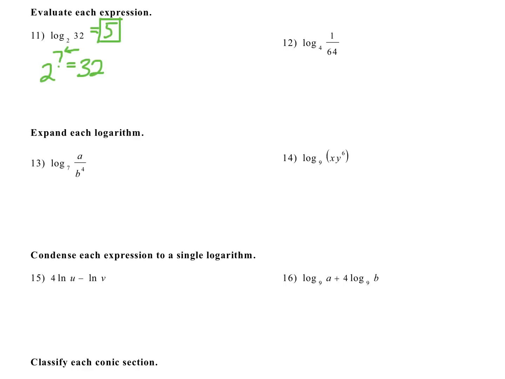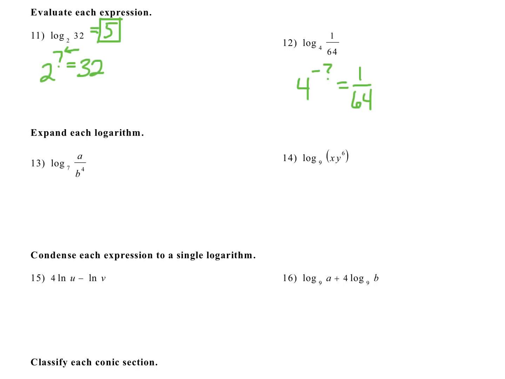Okay. Log base 4 of 1 over 64. Anytime we see a 1 over something, we know that we're going to have to take a reciprocal. So we know that we're going to wind up with 4 to the negative something power is equal to 1 over 64.